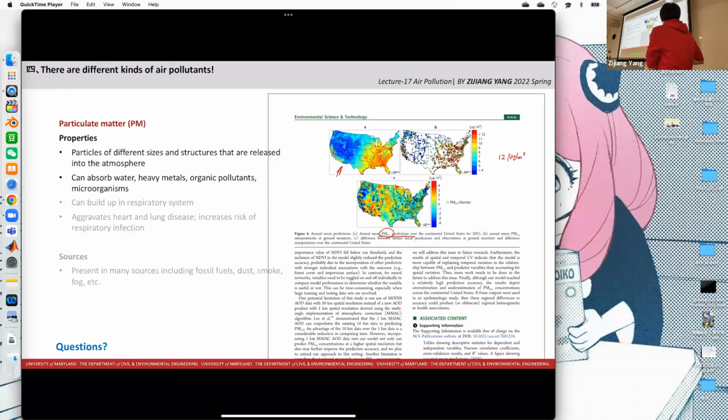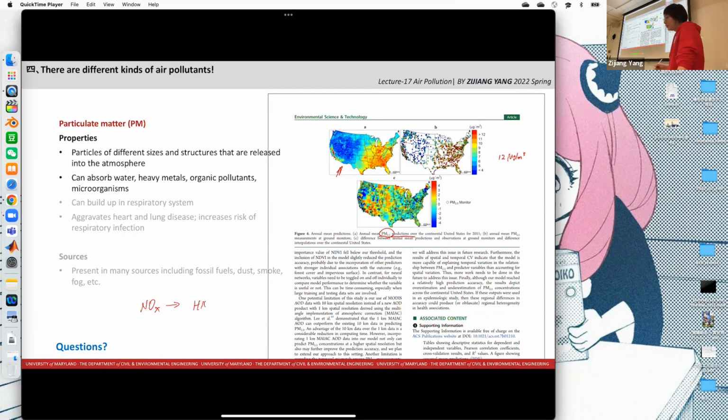It's also due to the lightning. Oh, yes, I didn't notice this chat. So for the NOx, I think the lightning. Oh, yeah.